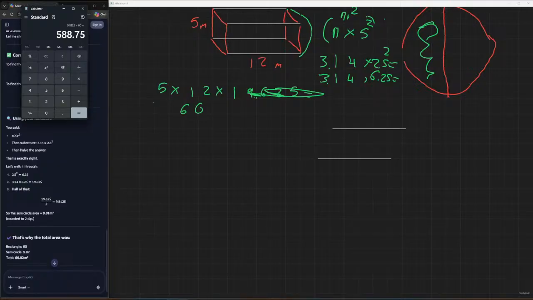I need to add, because it's not the area, bro.